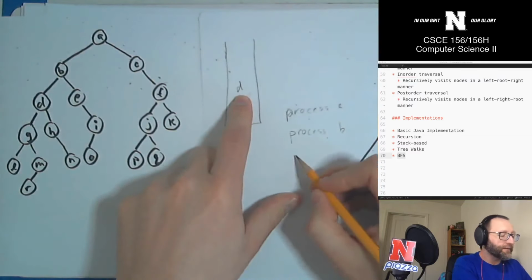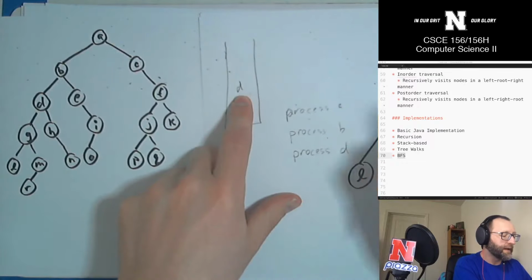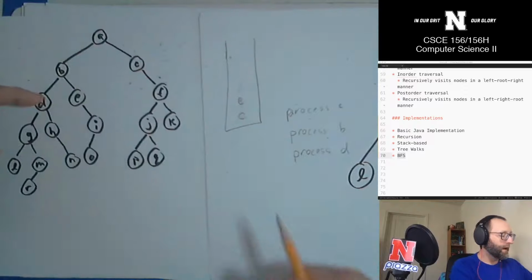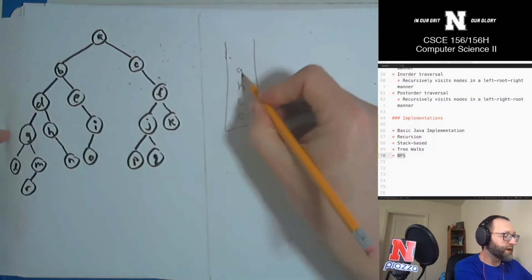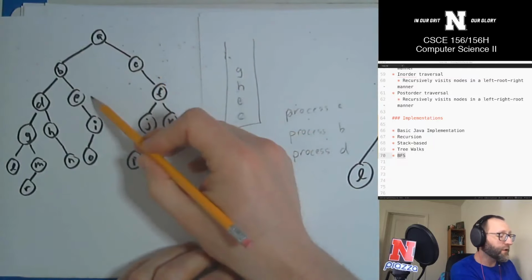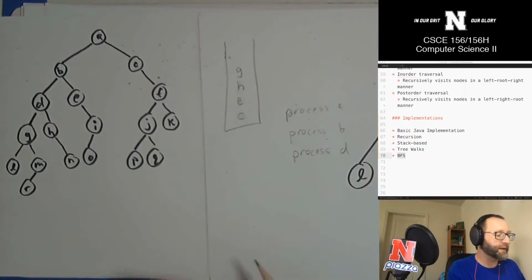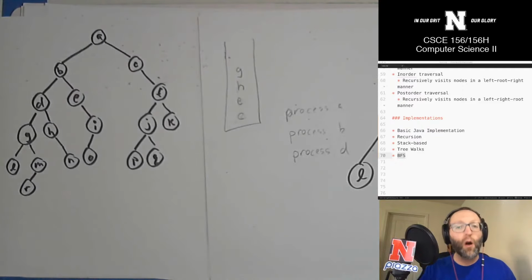I take the thing off the top of the stack, process D, and now I'm at D, so I push H, and I push G, and then I will continue. I'll process G. That's keeping track of all the stuff that I eventually need to come back and process. It's keeping track of it in one stack, though, instead of abusing the call stack to do my work for me. Right? So let's see what that looks like.